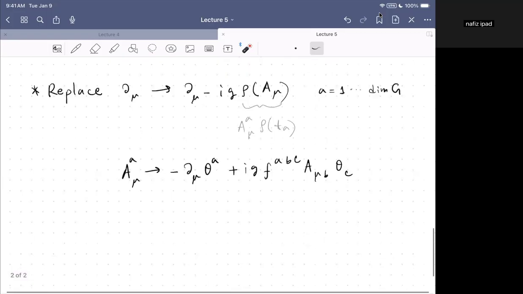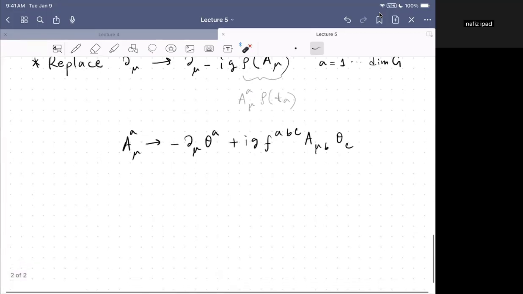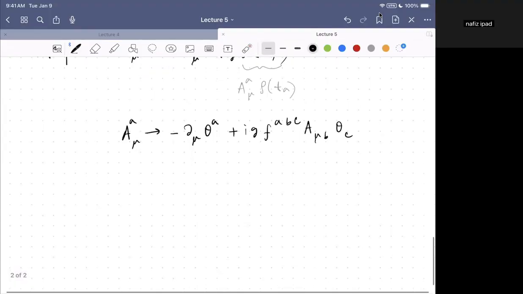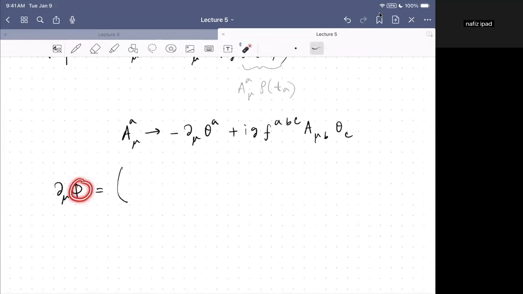Okay. So in practice, in your action, you will have derivatives of phi. And just to remind you of the notation, when phi is vector valued, this simply means that you take a matrix of partial derivatives and then you act on the components of phi.